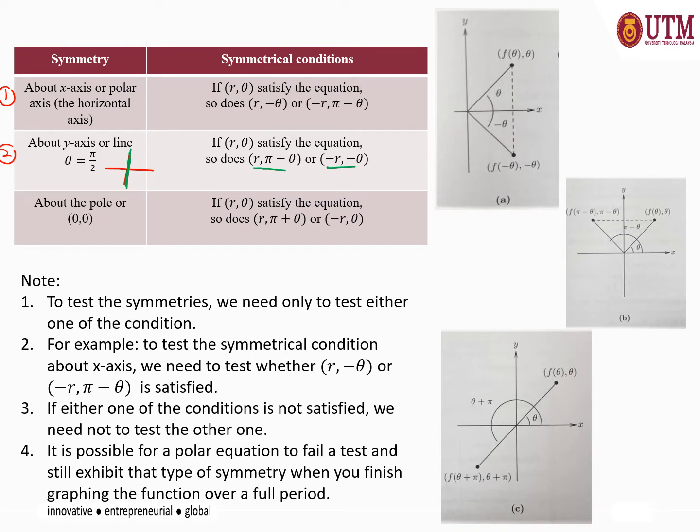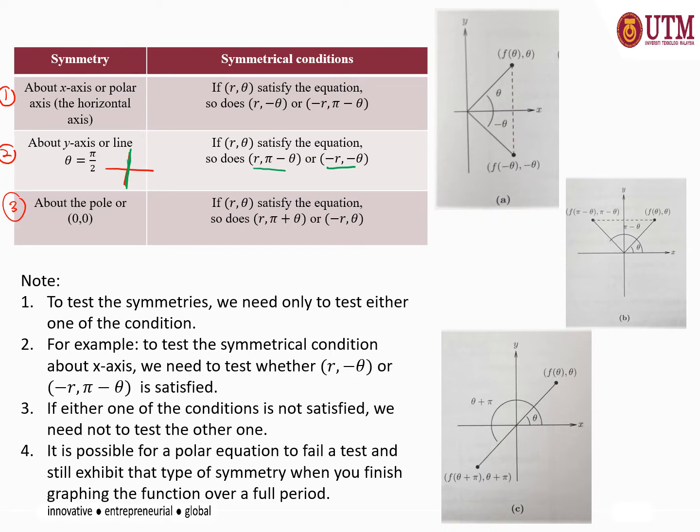The last one is to check the symmetry about the pole, or the origin (0, 0). If (r, theta) satisfies the equation, so does (r, pi plus theta) or (negative r, theta).